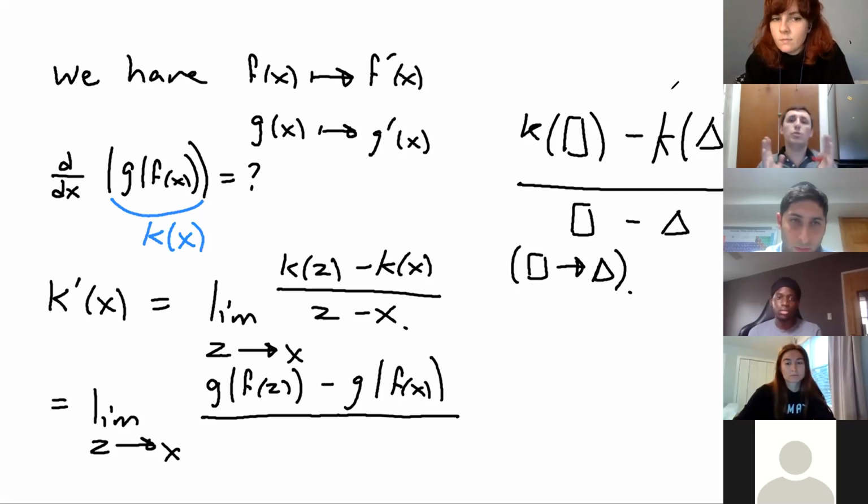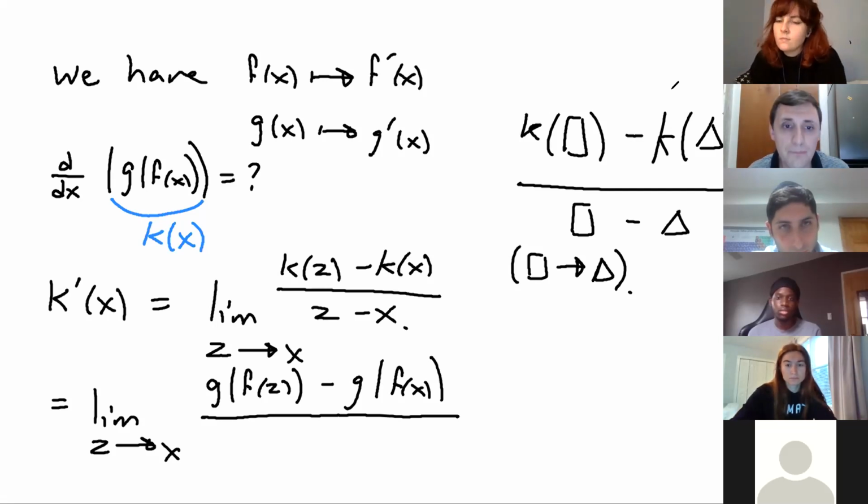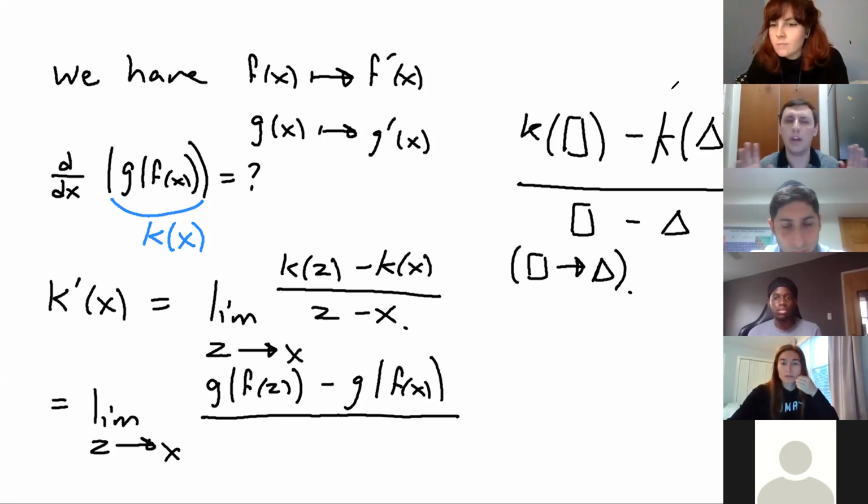You understand? What would you expect to see in the denominator? Z minus x is what's written in the denominator. Yes, guys? But what would you right away want to see in the denominator? All right, I'm going to wait before I reveal.